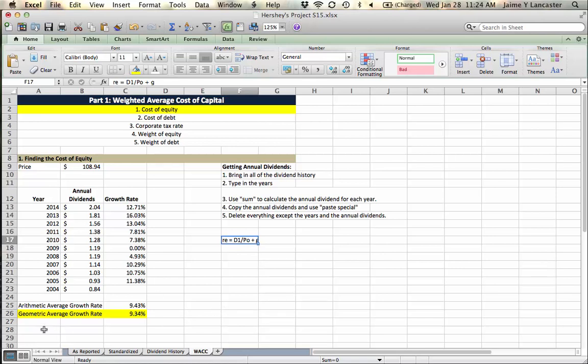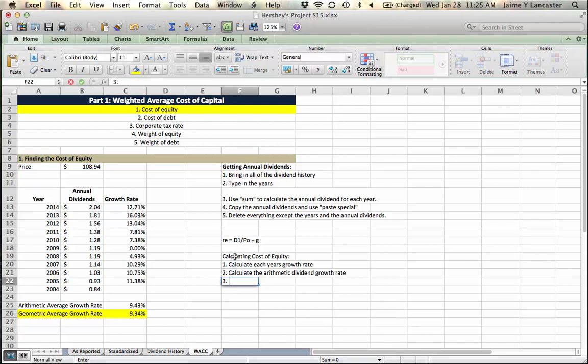So what we need to do is first, we should call this calculating cost of equity, right? First, we're going to calculate each year's growth rate. Two, we're going to calculate the arithmetic dividend growth rate.